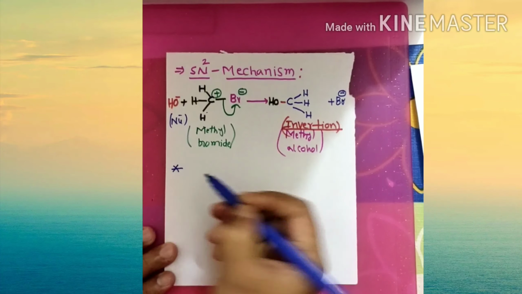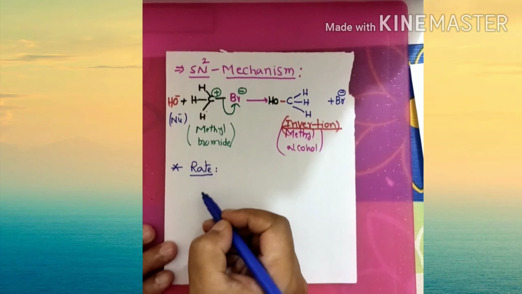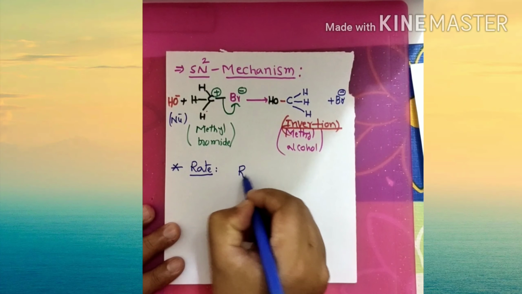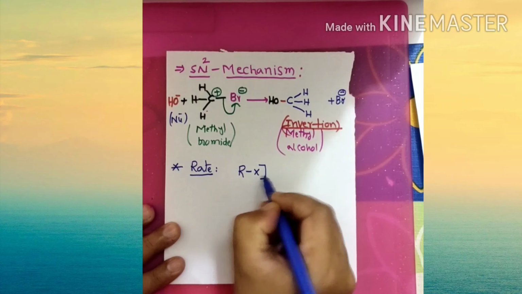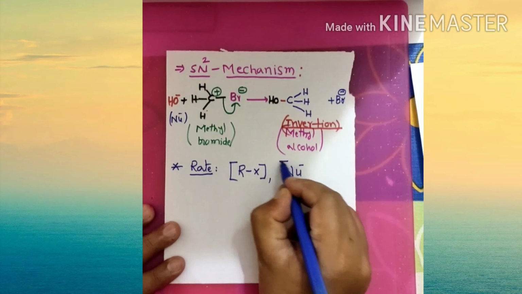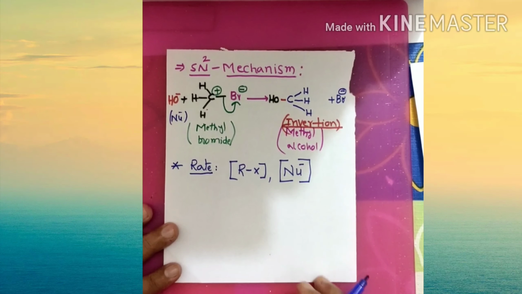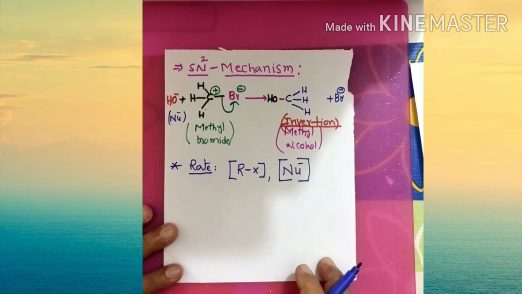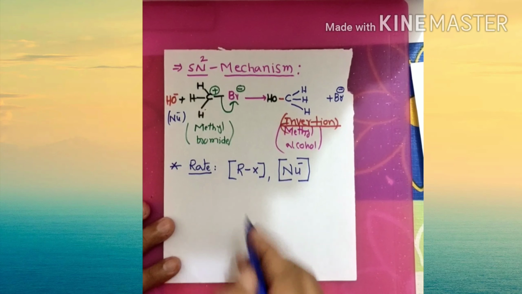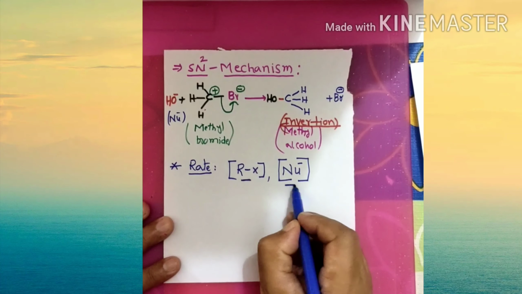See here, rate, single step. The rate of SN2 depends on both the concentration of alkyl halide and nucleophile. But in SN1, the slow step is the rate determining step, and only the alkyl halide determines the rate. Here the rate will be determined by the alkyl halide as well as the nucleophile.